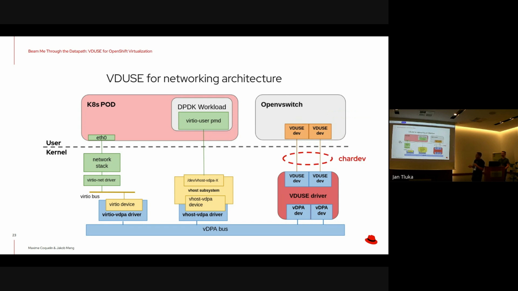So in order to initialize and configure the device, a char device is created per device, and all the configuration is done using ioctls. The VirtIO rings are directly mapped from the workload.